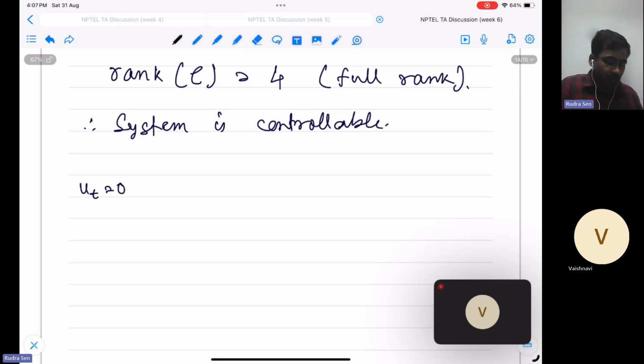Now the next thing: if u_t is 0, what will the B matrix be? The second column does not appear, only the first column, which is 0, 1, 0, 0.